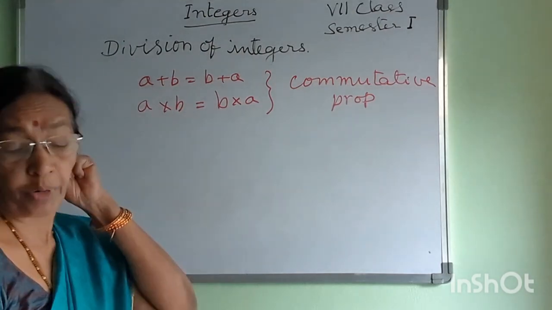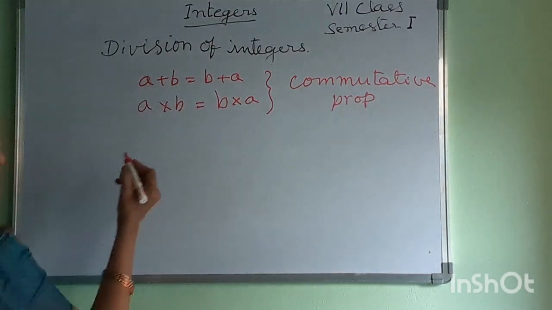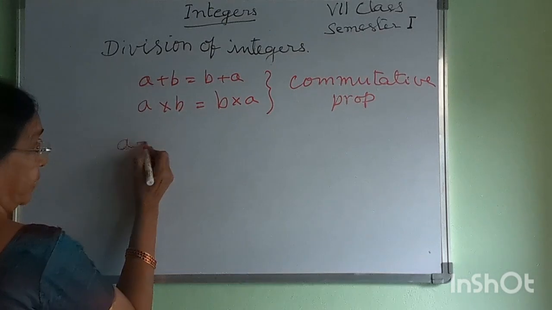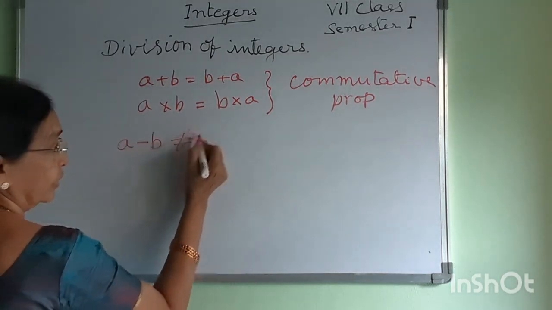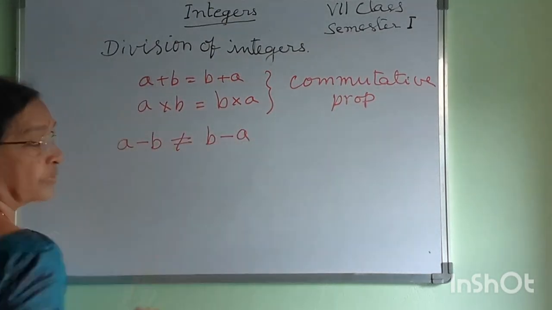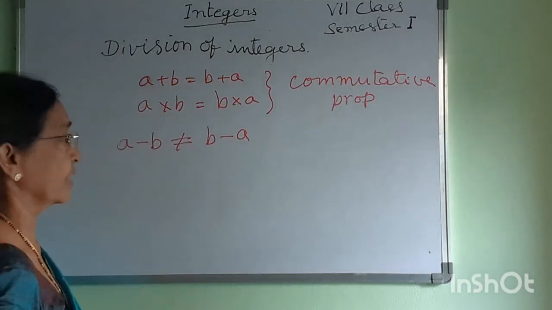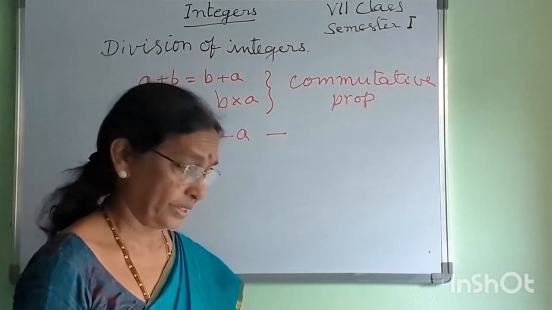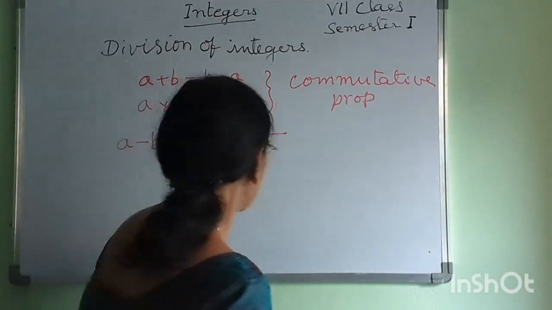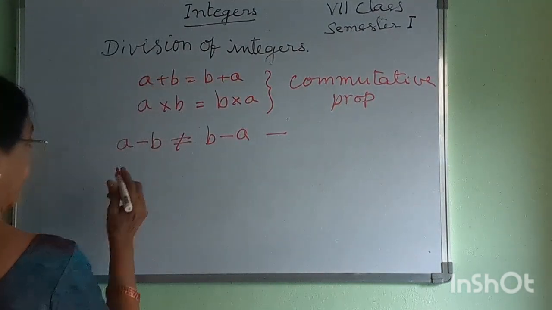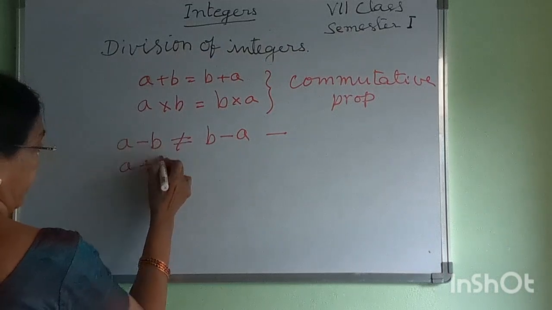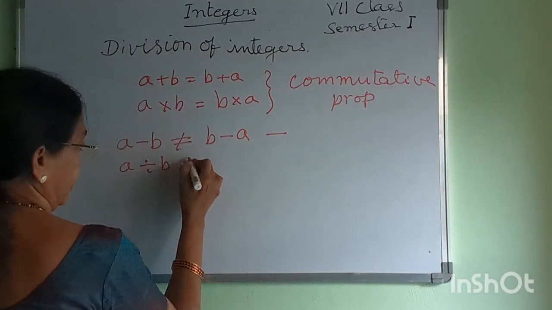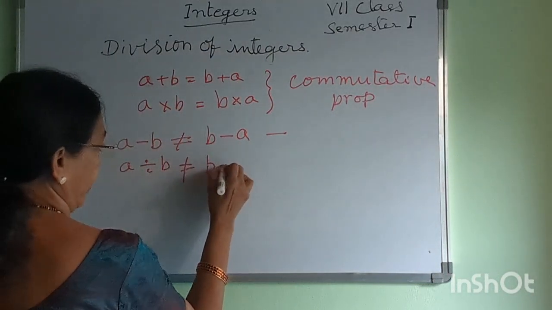And the commutative property doesn't hold good for subtraction. a minus b is not equal to b minus a. You can check taking an example. So the commutative property doesn't hold good. So division also doesn't follow the commutative property.